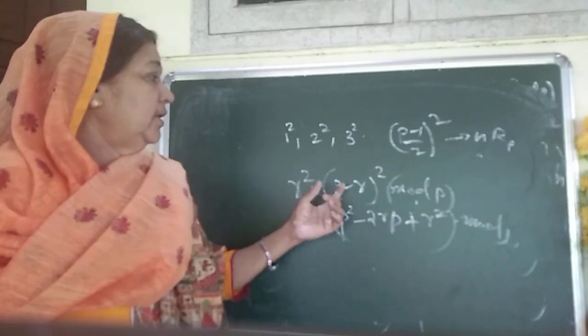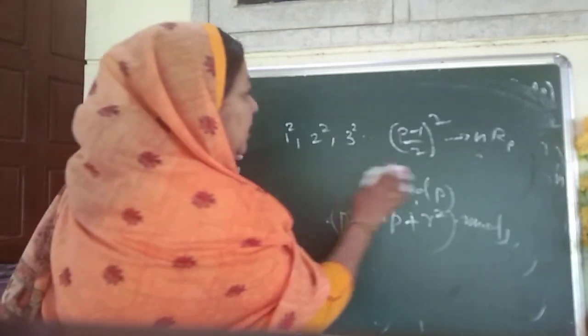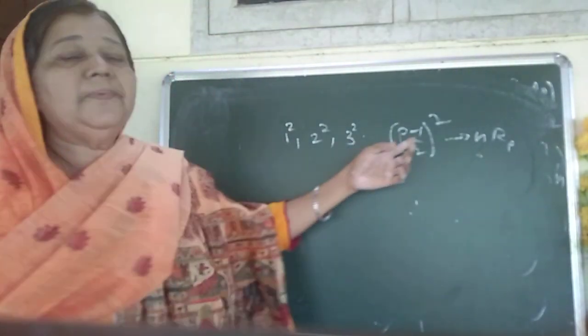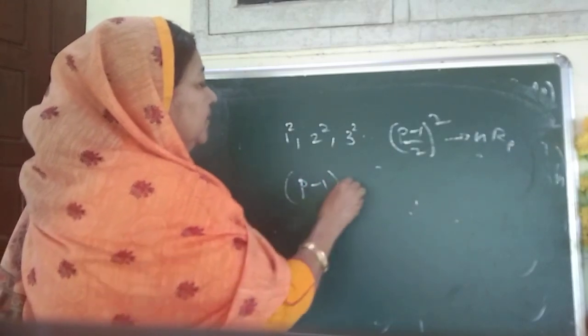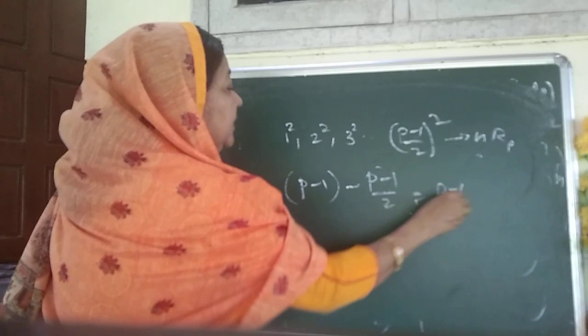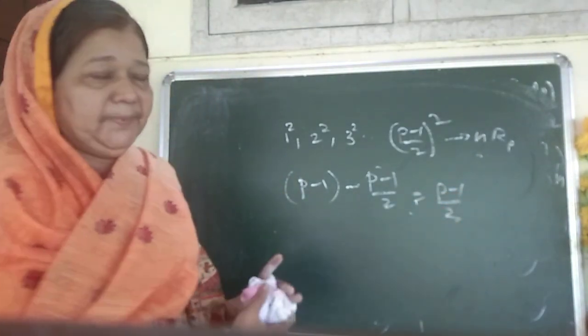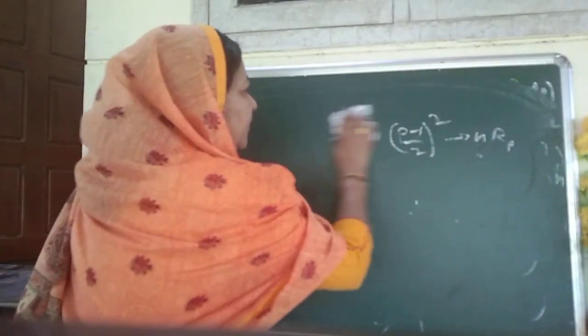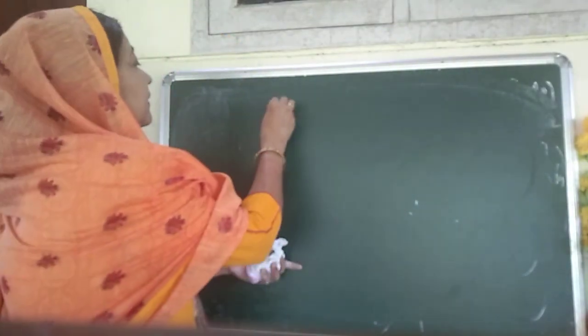Therefore, r square and p minus r the whole square are the same. Therefore, we have only p minus 1 by 2 numbers which are quadratic residues, and the remaining p minus 1 by 2 numbers belong to non-residues modulo p. Then we define the Legendre symbol.